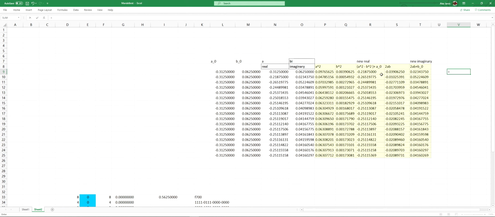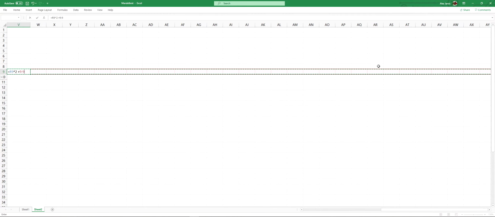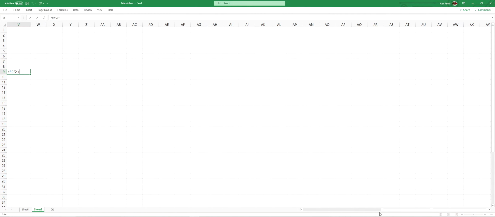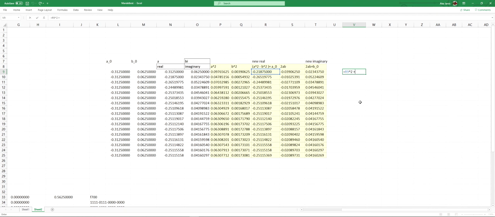This is equal to this cell plus that cell. So if we add these two cells together, actually wait, we need to square them, sorry. Equals that squared plus that squared.